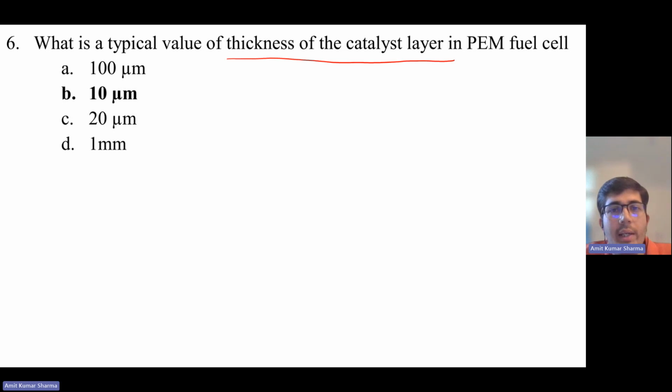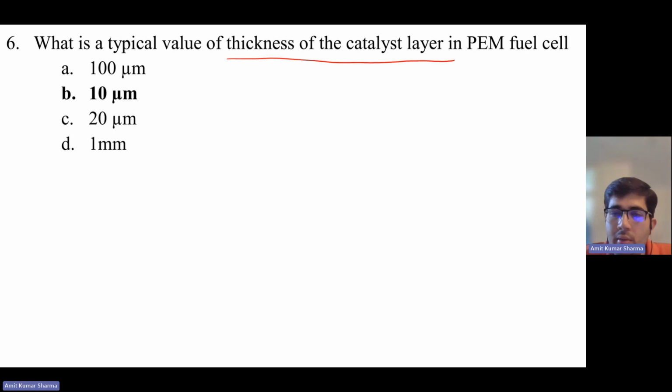So what is the thickness of the catalyst layer? Let me give you some hint.